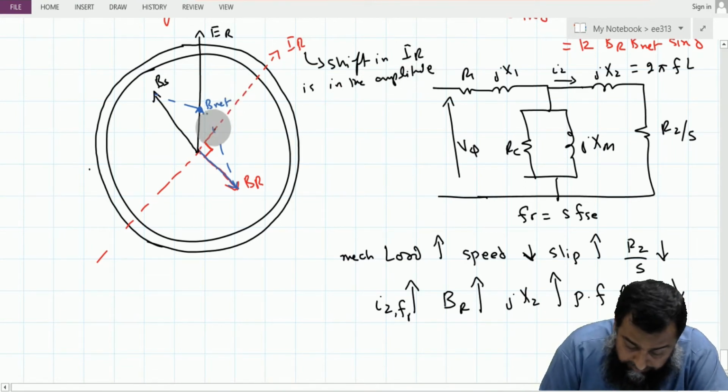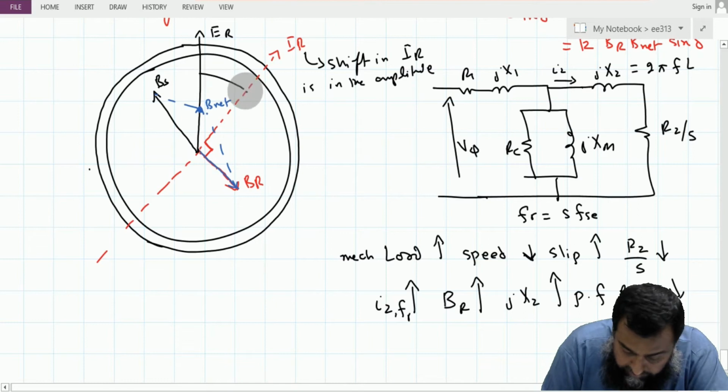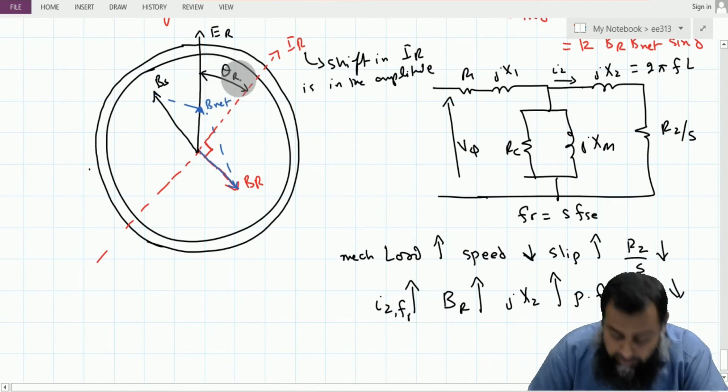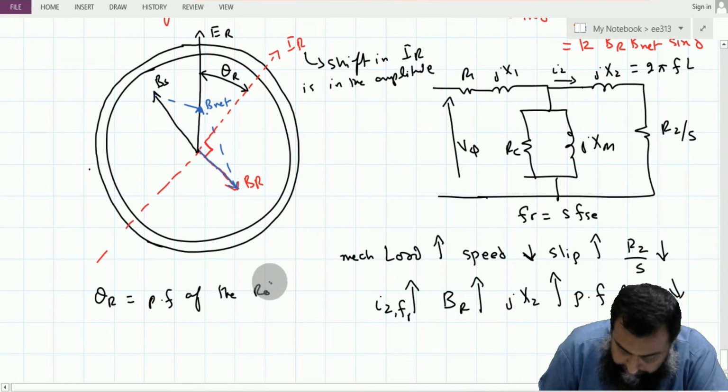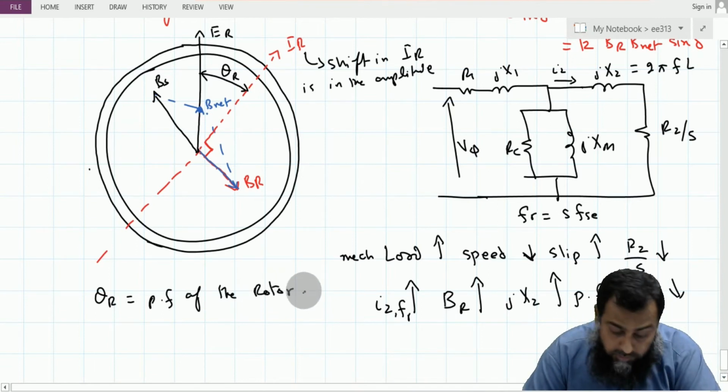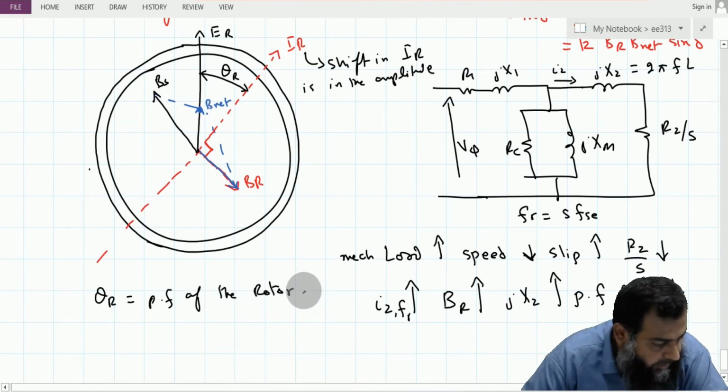And we also have a power factor angle between this ER and this IR, and we call this theta R. And theta R is the power factor of the rotor circuit here, right?